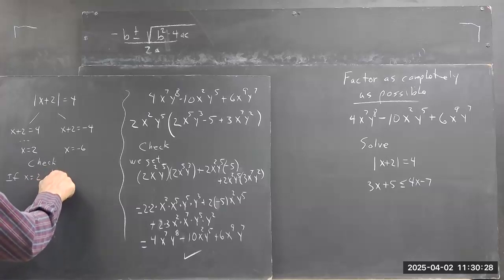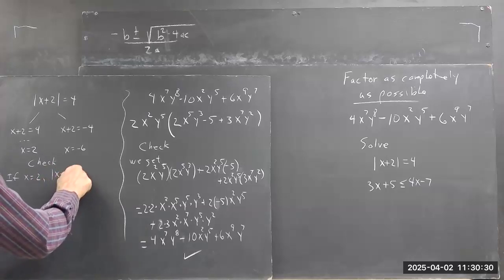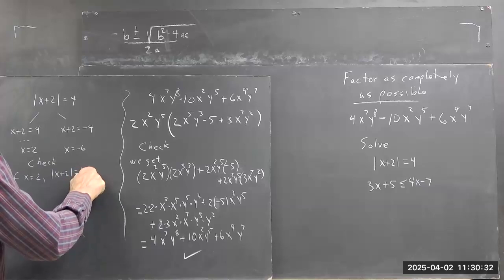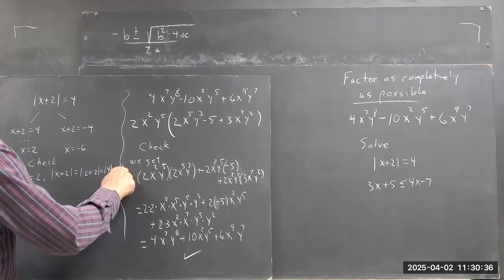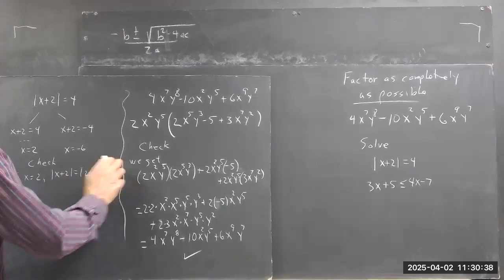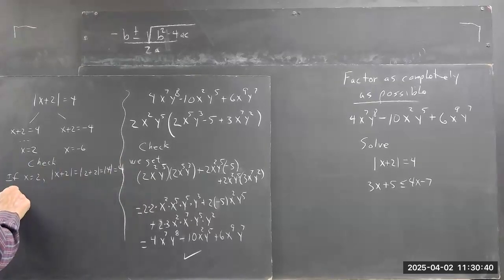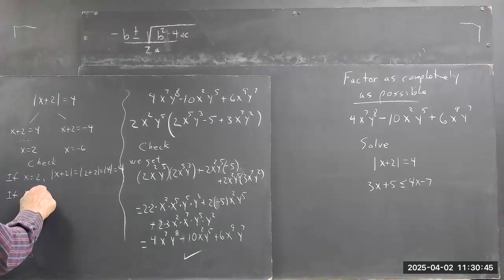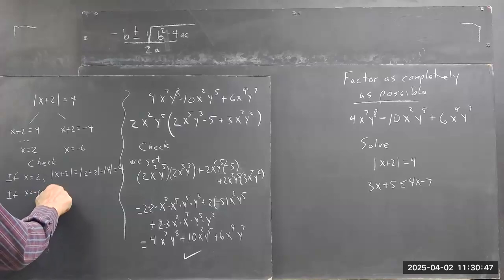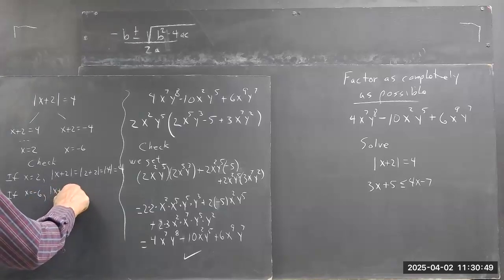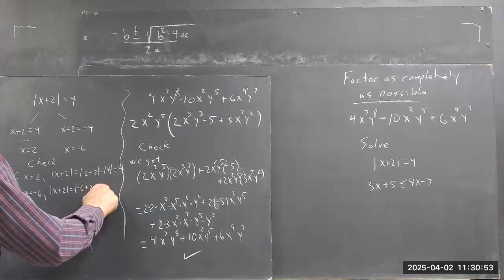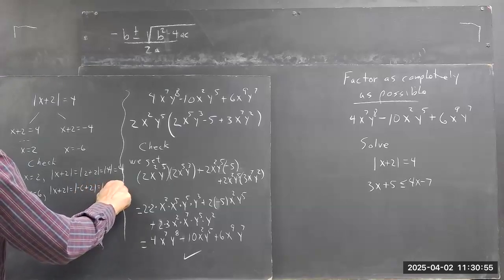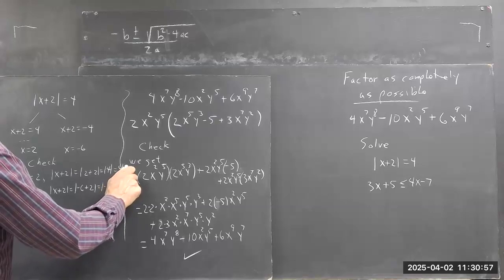X equals two, absolute value of x plus two equals absolute value of two plus two equals absolute value of four, which is four. So this solution checks. We've got another solution with x equals negative six, absolute value of x plus two equals absolute value of negative six plus two equals absolute value of negative four, which is four.